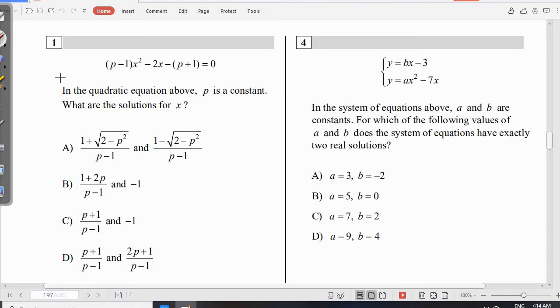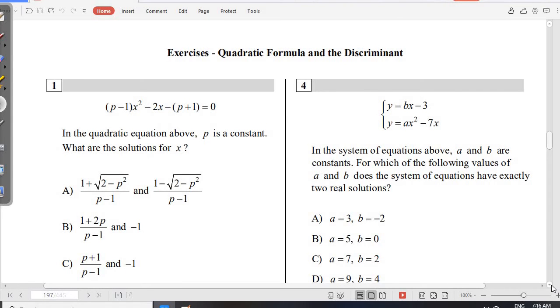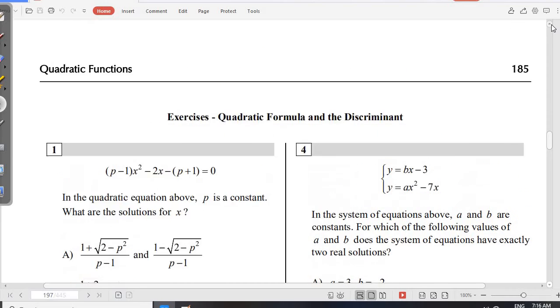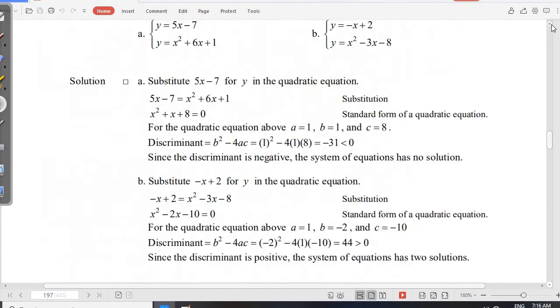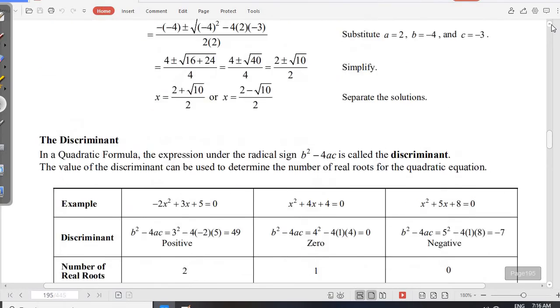That's what we're going to do. We're just going to substitute bx minus 3. So before we start solving this, let us go into the preliminary page and try to understand all the concepts really quick, and return back here to solve it.